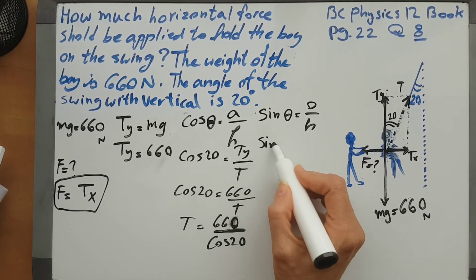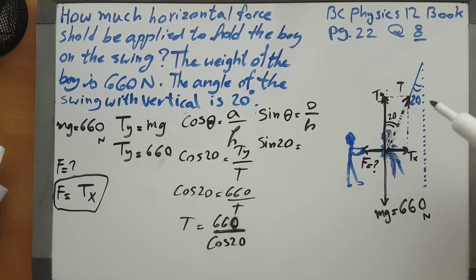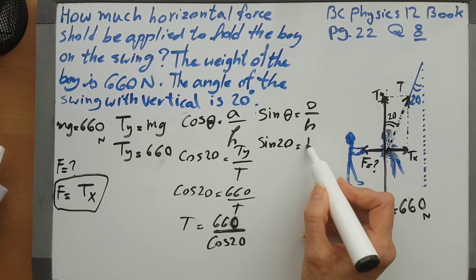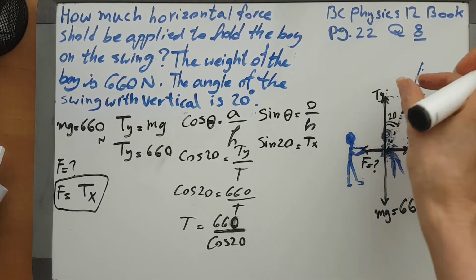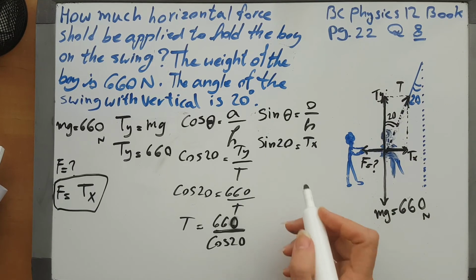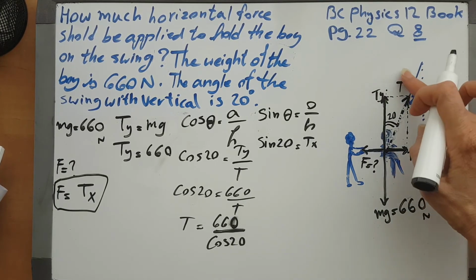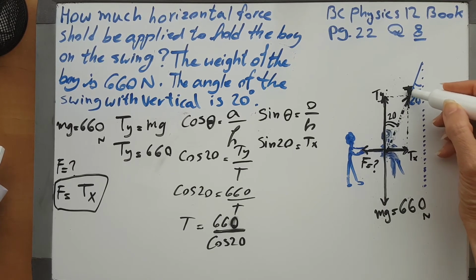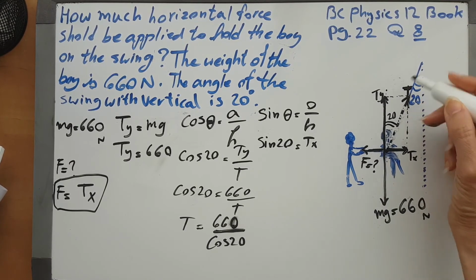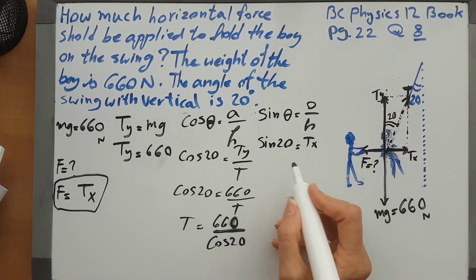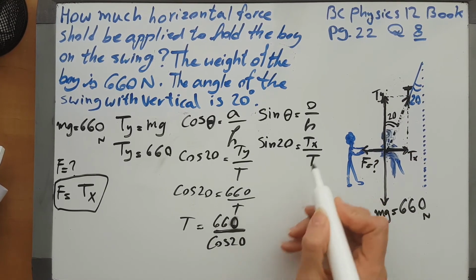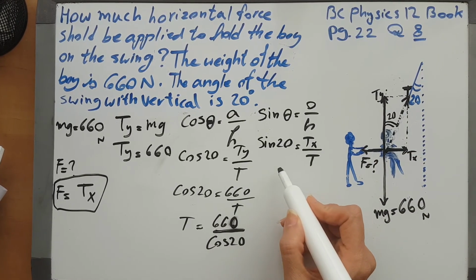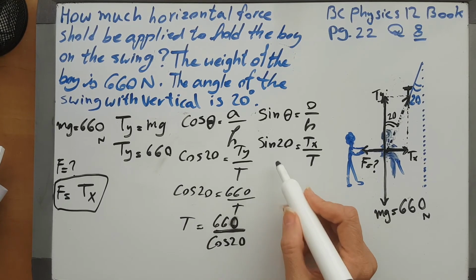Therefore, the sine of 20 equals opposite, which is this Tx. Just don't mistake the T here for the whole T, but this part equals Tx. So sine of 20 equals Tx over T.